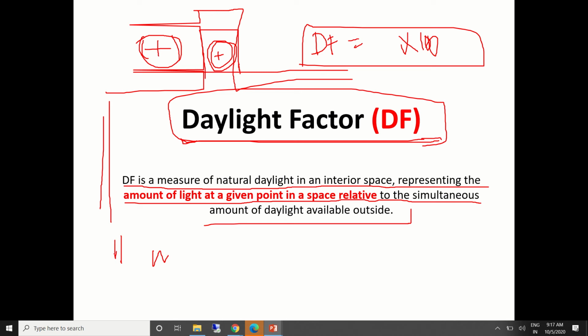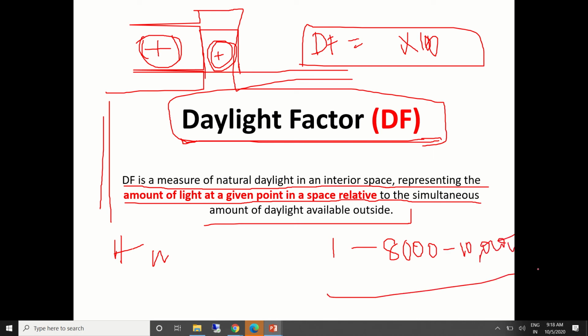Okay, so for example, for hot and dry climate, there is a range actually. They say that the outdoor average lux level is 8,000 to 10,000 lux.